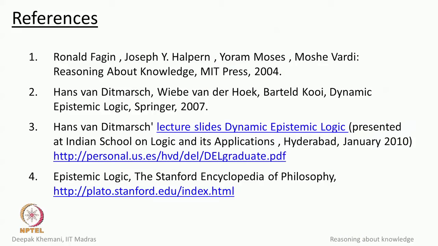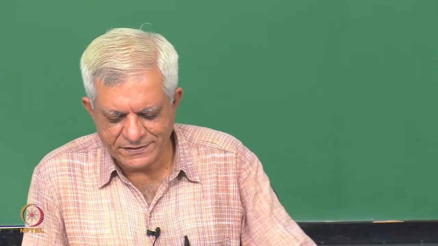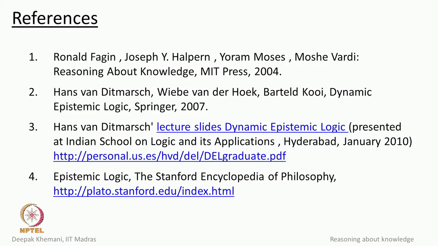So, the references for these books are different from what we have done for the course so far. The primary reference is this book called Reasoning About Knowledge by Fagin, Halpern, Moses and Vardi, but there are other references here, especially to something called dynamic epistemic logic, which we will not consider too much, but we will at least allude to in the class.